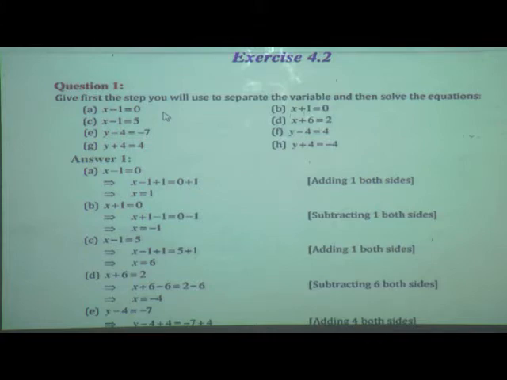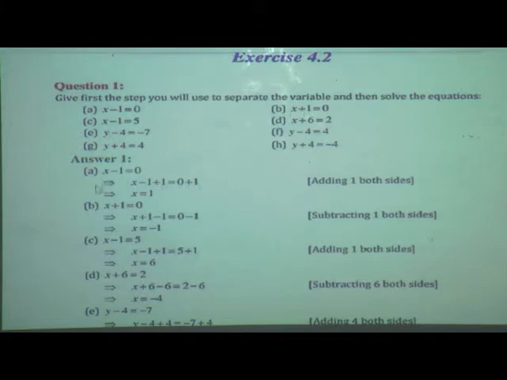Here when it is given as minus 1, you now know very well, because we had discussed many different examples, you have to add 1 on both sides. So x minus 1 plus 1 is equal to 0 plus 1.